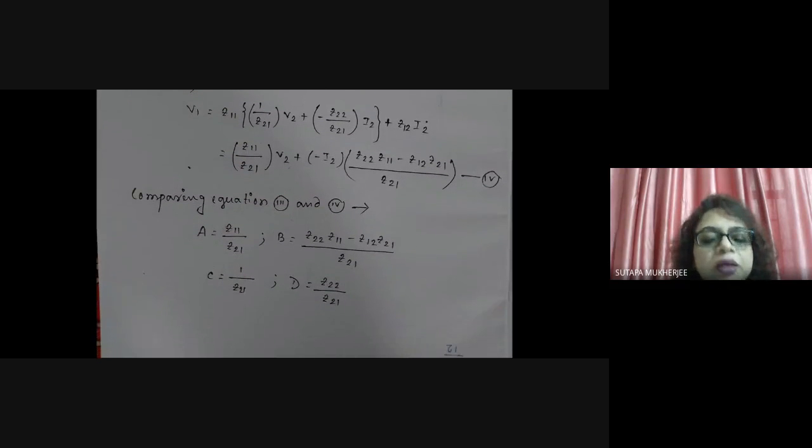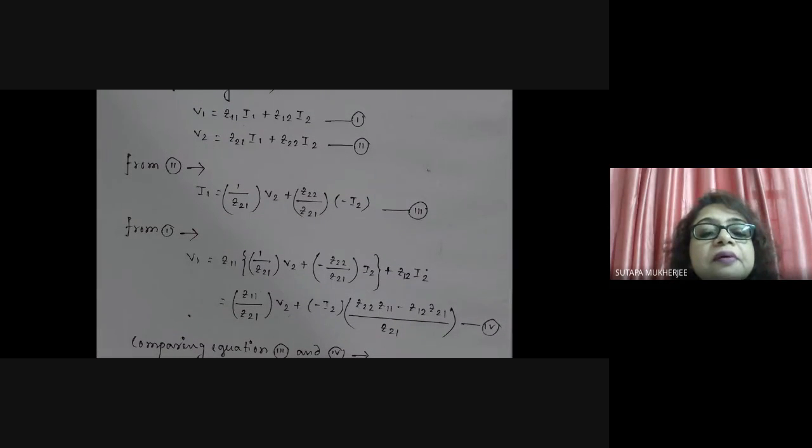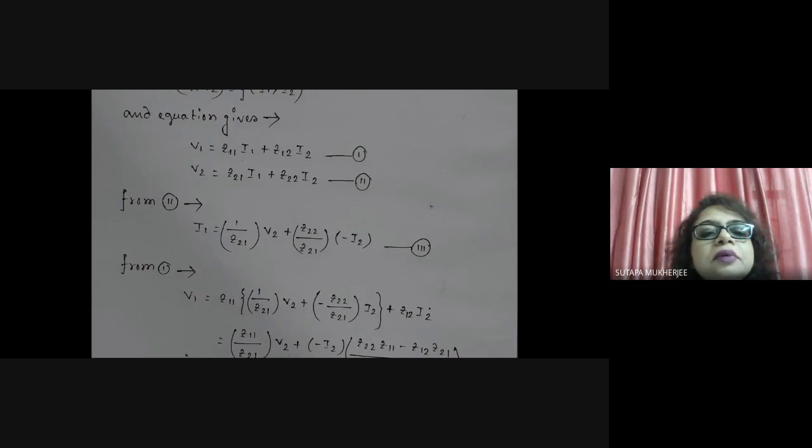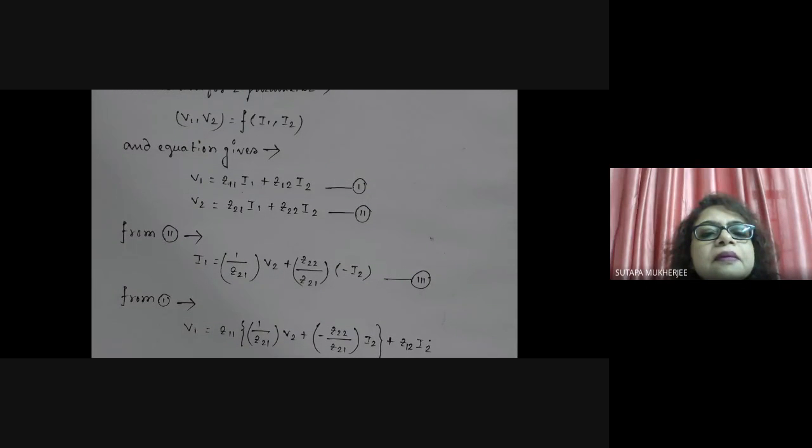Go to the first one, Purvita, I1 equals to what? Scroll up, where you rewrote I1 equals to what?